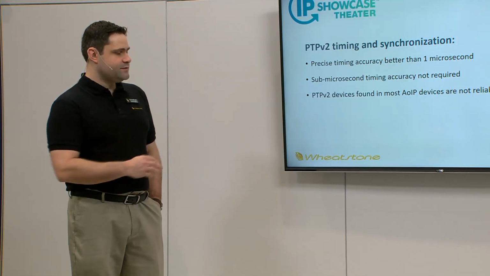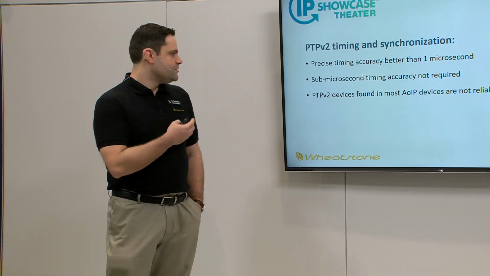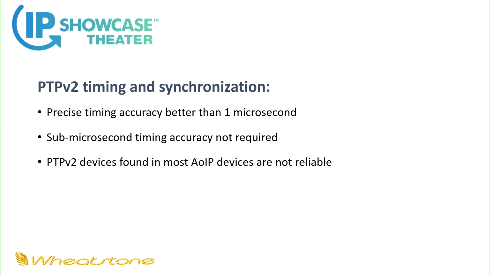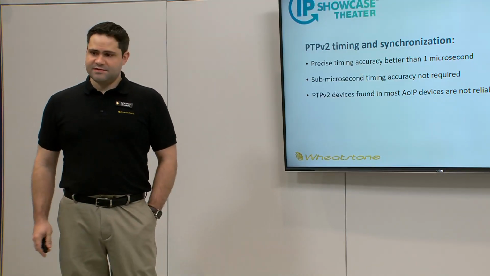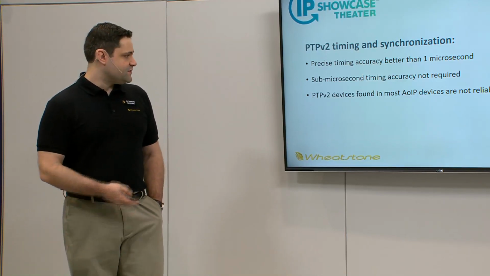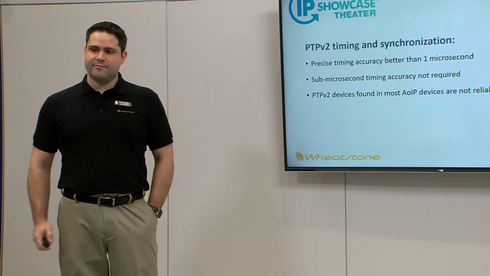We did find during this experiment that the PTP devices built into most AoIP gear are just not good enough to provide the timing necessary for a large system. We really recommend that you use a dedicated PTP clock just so that you have very accurate timing.